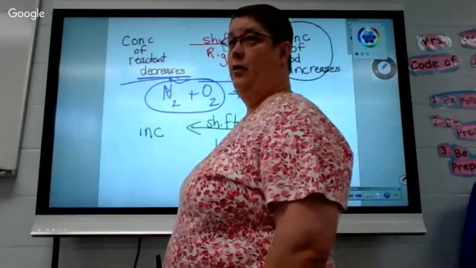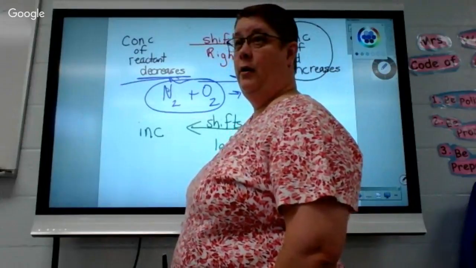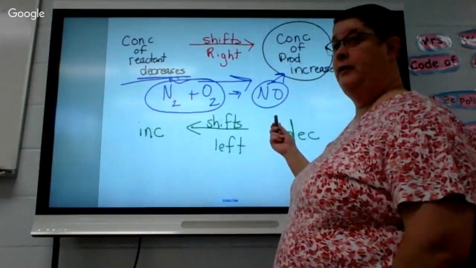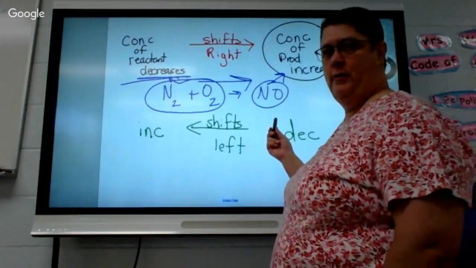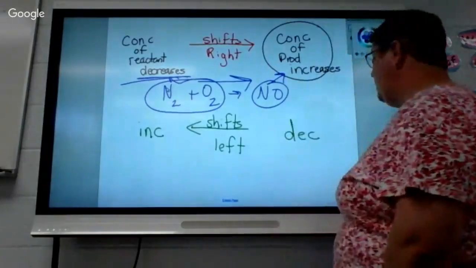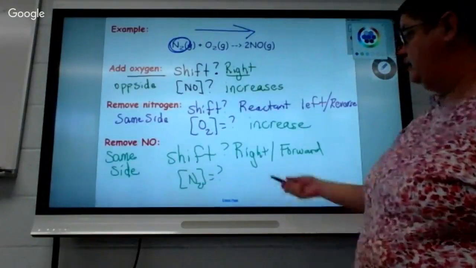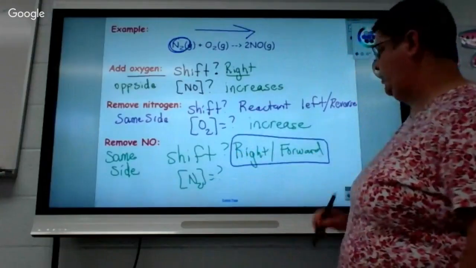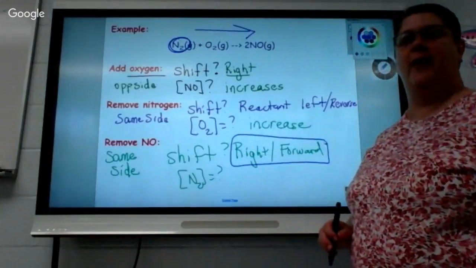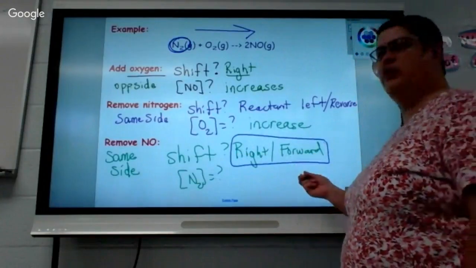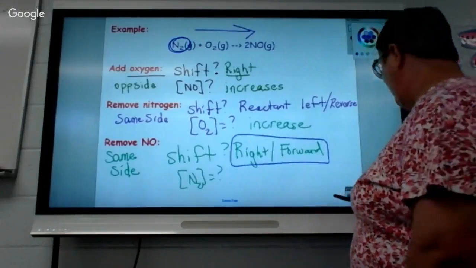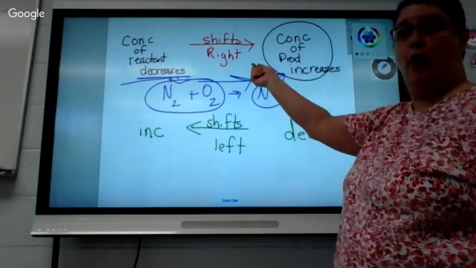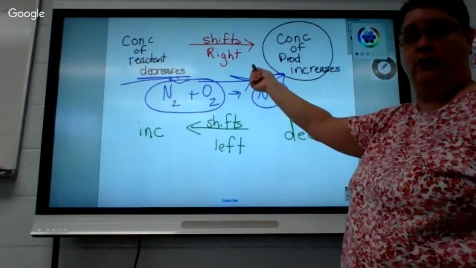It's decreasing. Wait, aren't you removing NO? Yes. So you're removing it with the same side. You're missing the point. The only thing you need to know about NO is it was removed. You just told me that the reaction shifts to the right. Stop thinking about NO now. Now all you need to know is it shifted to the right. This is the part that you use to figure out if it increases or decreases.